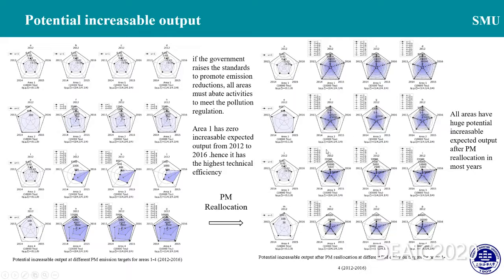For example, in picture F, we can see that when we decrease omega, meaning the government has raised its emission standard, the output level will also decrease, and the value will go from positive to negative. The third result we can get from this picture is that all areas can efficiently reduce the amount of potential desirable output in a reallocation of PM emission with more weight given to mu.